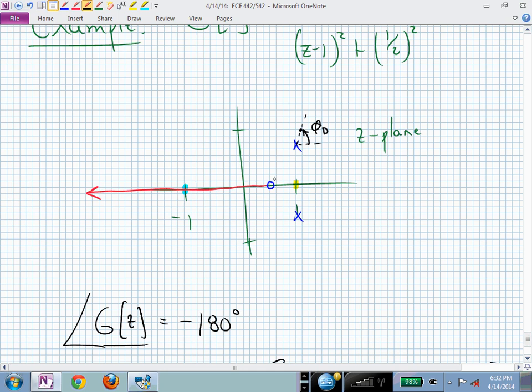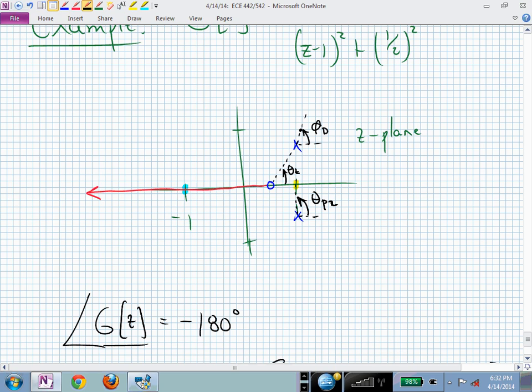So I now have this angle, and if that's epsilon close, it's basically right on top of that x, so I can just find this as theta sub z. The angle from this open loop pole up to that epsilon close, let me call that theta sub p2.